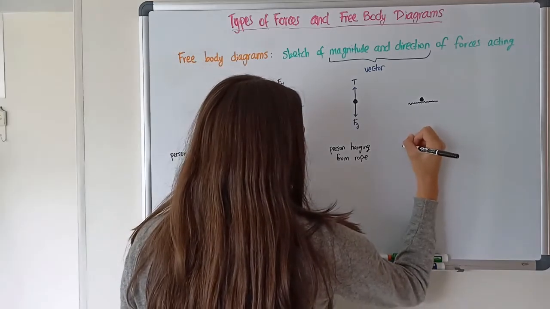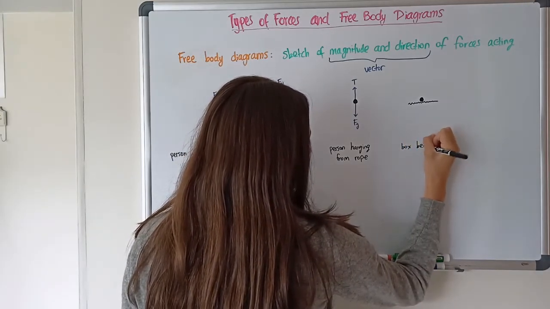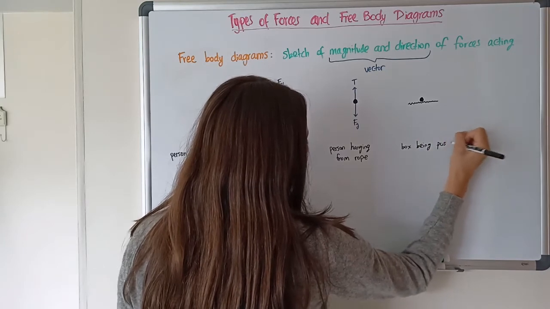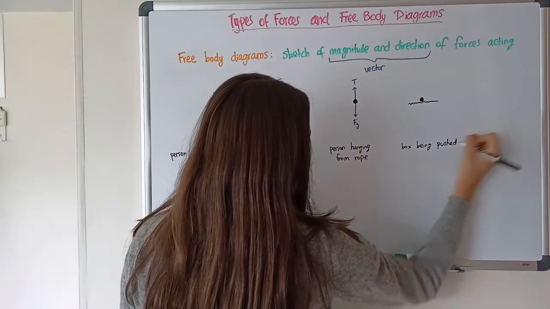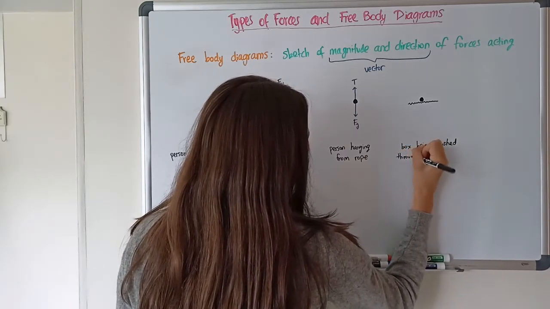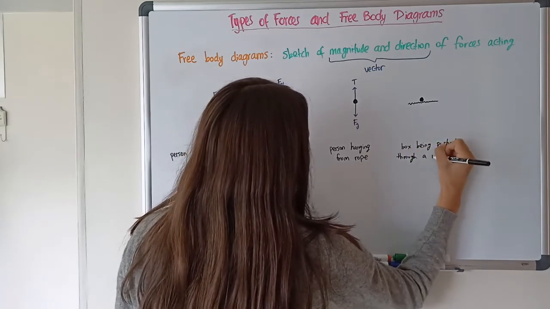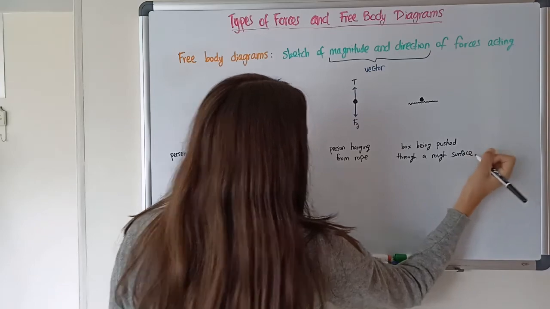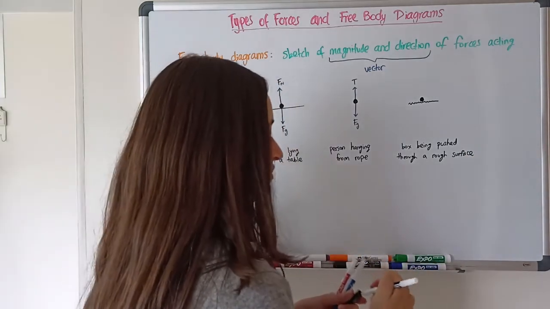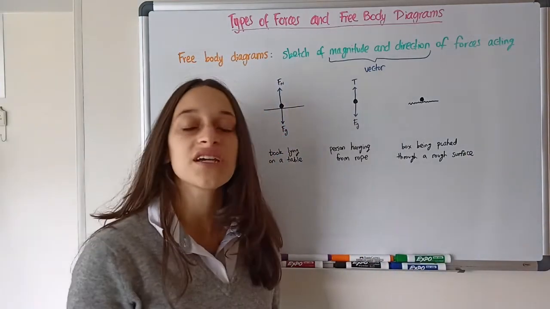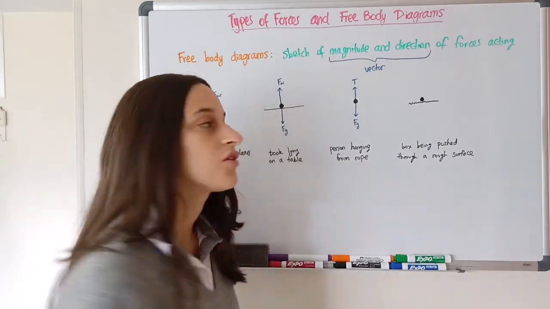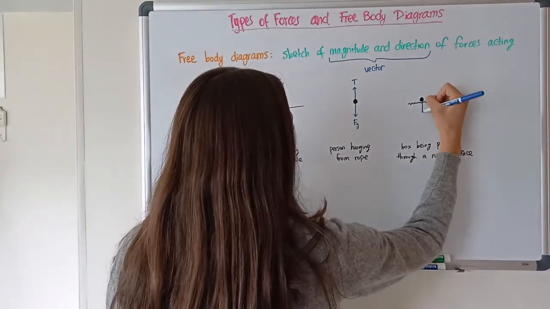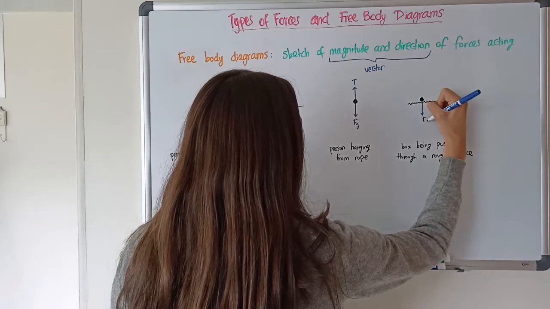So this is a box being pushed through a rough surface. Again, before we start thinking about the pushing, the first thing we do is draw the force of gravity downwards. Always force of gravity downwards.